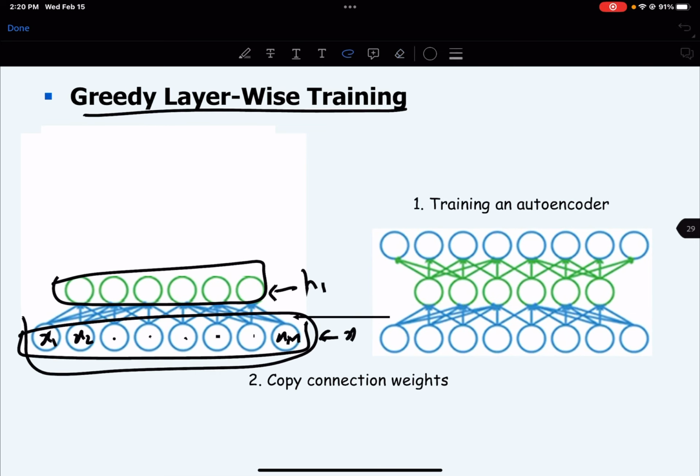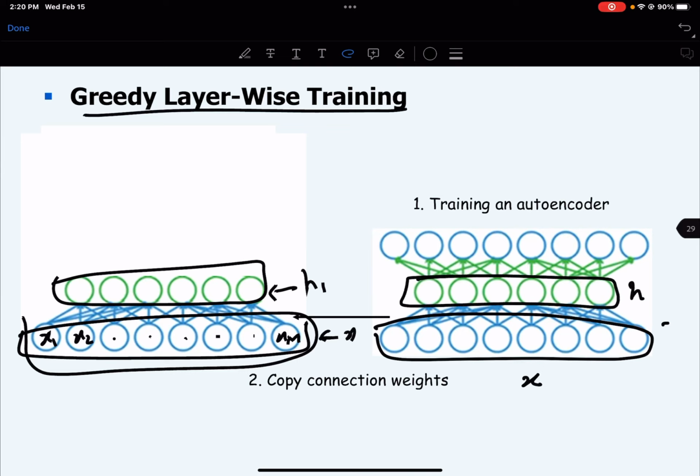So this is your encoder, this is your decoder, and this is what we are trying to learn. We are trying to learn the weights for this input X. This is your hidden layer H, for example H1, and we are trying to learn the weights here.